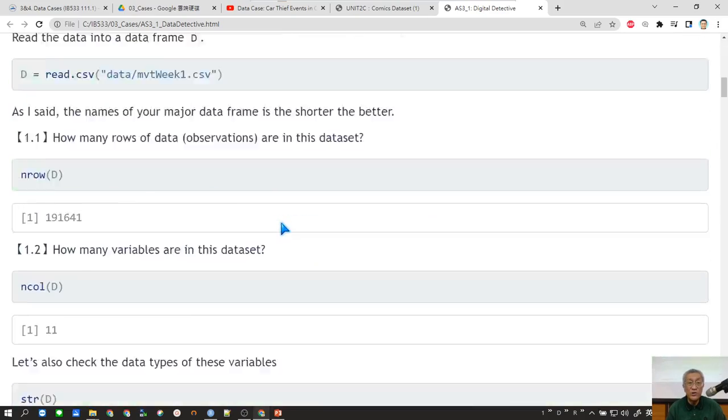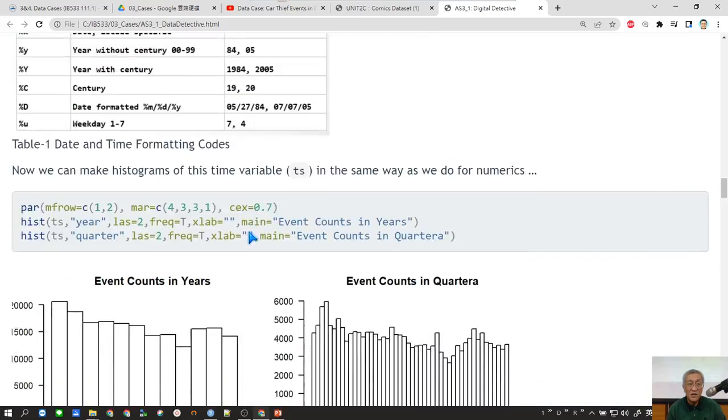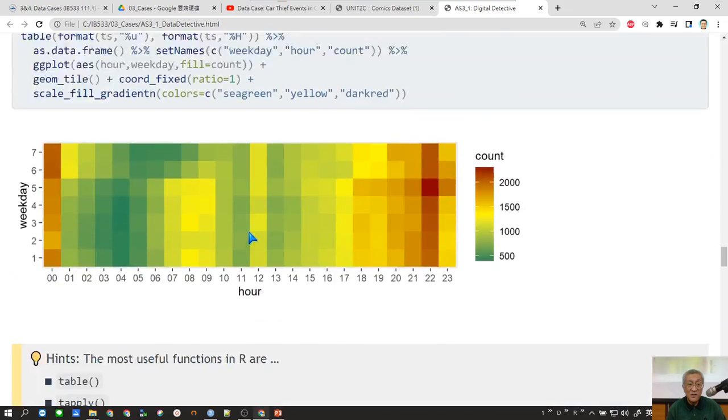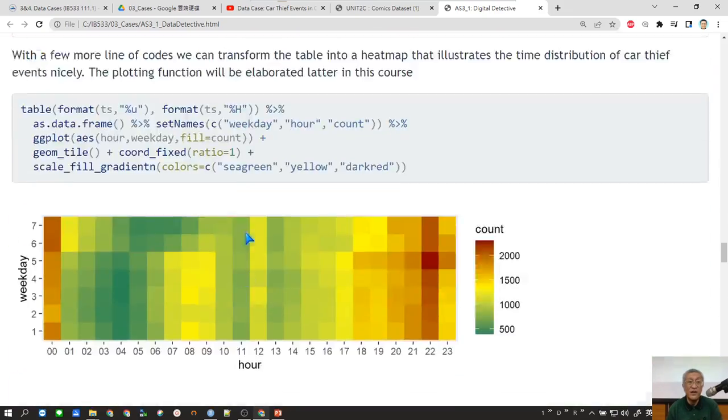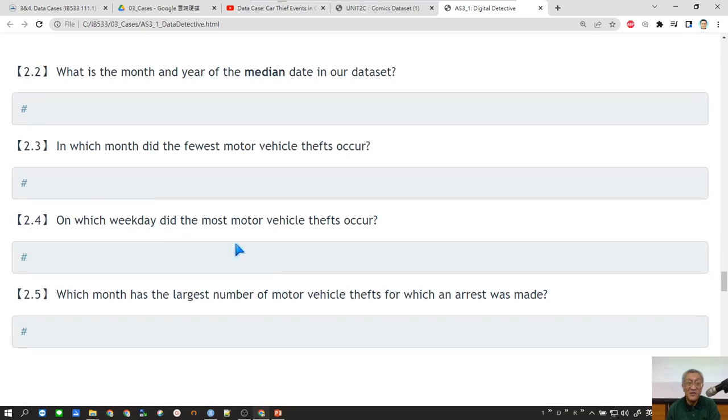Now, if you look into this notebook, you will see that some of the code chunks already have code, right? And some code chunks are actually, this is the question I left for you.